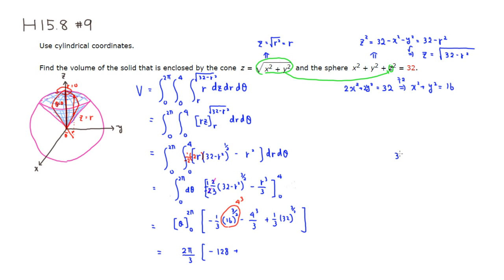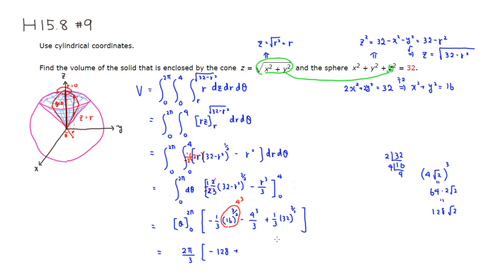32 is 2 times 16, and 16 is 4 times 4, so taking the square root of 32 would be 4 square root of 2. Then you have to cube that. So this is going to be 64 times 2 square root of 2, which is 128 square root of 2.